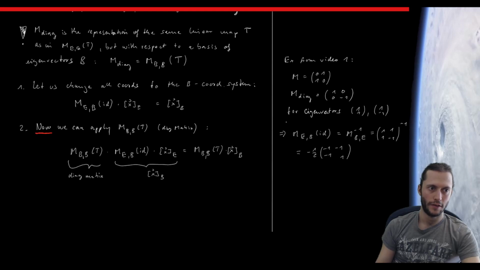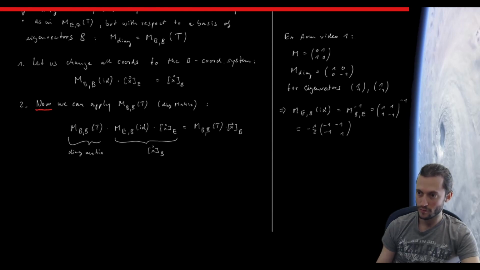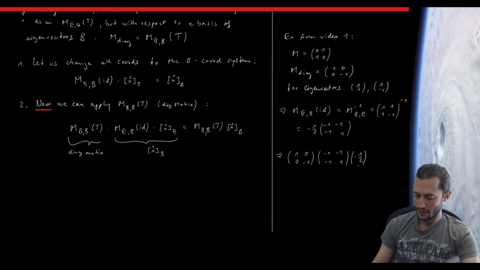so that you can put those guys in front of this diagonal matrix. Well, let's apply the diagonal matrix, which we already found here, or let's say defined in this video, to MEB, with the minus 1/2.